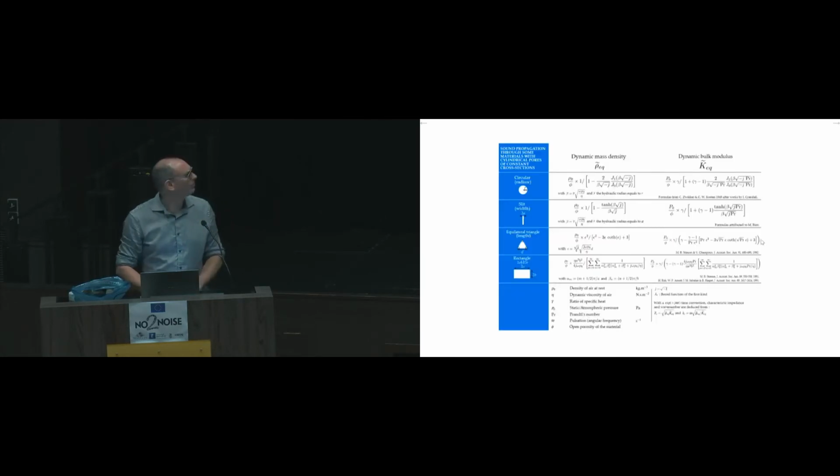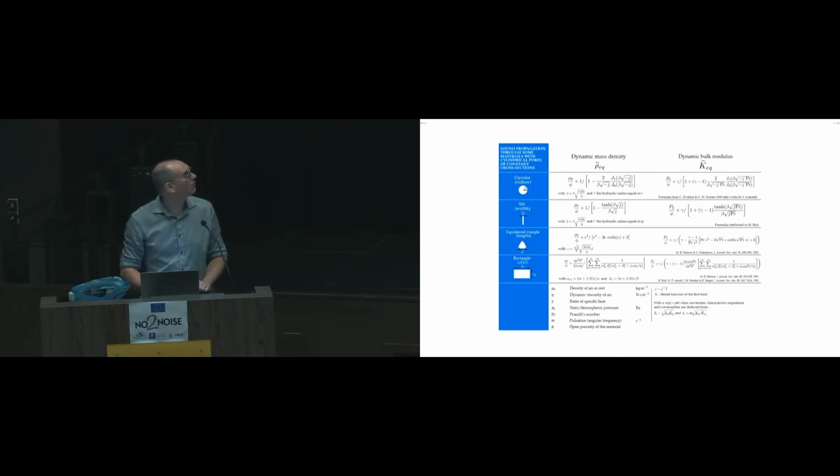It's maybe too small on the screen, but you can find this slide on the web, and you can zoom in to look at it. So if we want a complete description of what's going on inside a narrow tube, we solve the equations, and we can also get the exact expression of the mass density rho and the bulk modulus K, which are these ones.